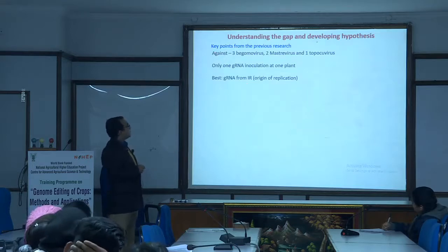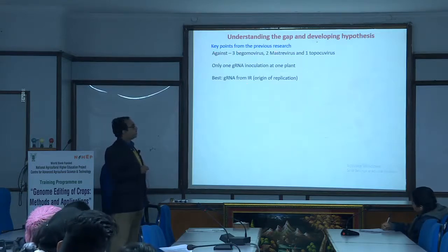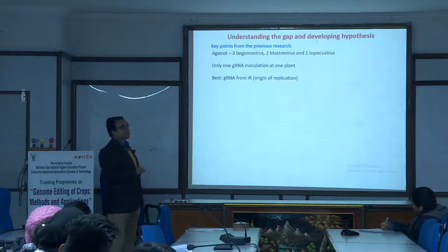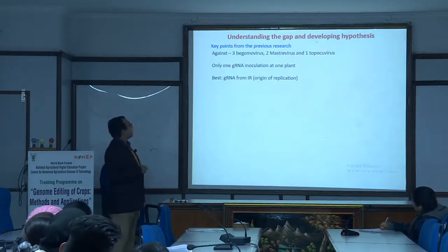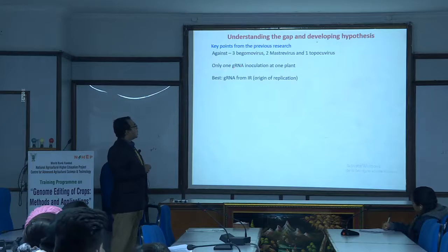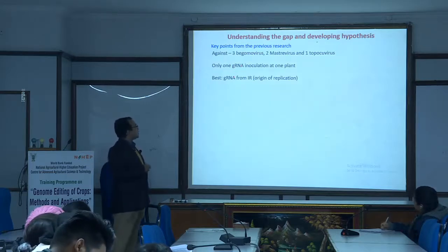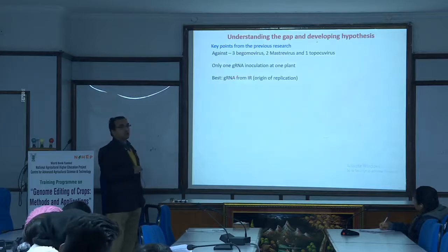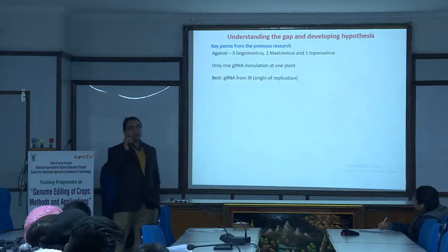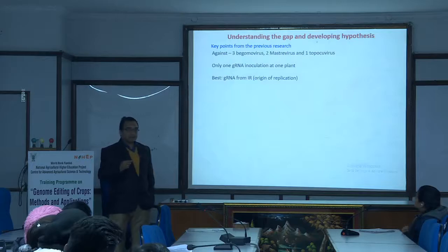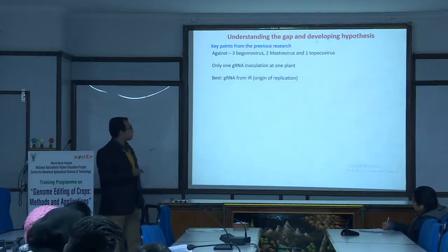This technology was applied in 3 begomoviruses, 2 mastreviruses, and 1 topocuvirus, all single stranded DNA viruses. In all these cases, only 1 gRNA was inoculated at one time in one plant, and they showed that the best target is the origin of replication. If you target the virus at the origin of replication, that gives you maximum benefit.